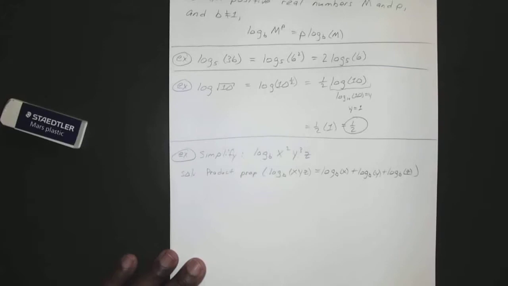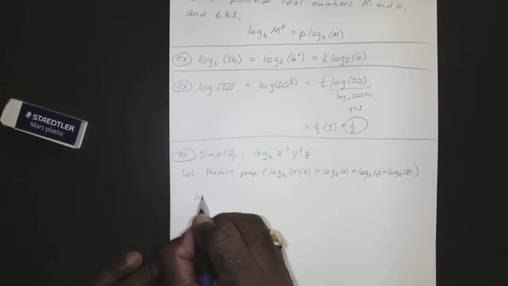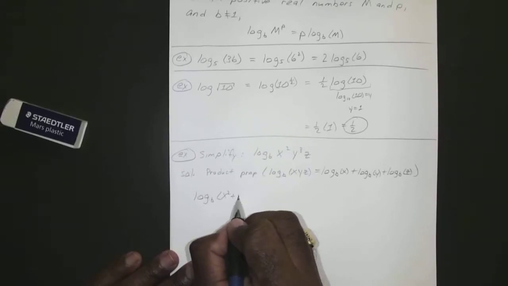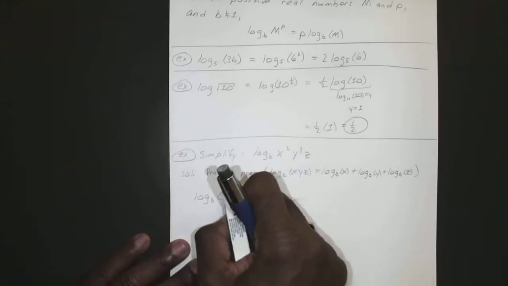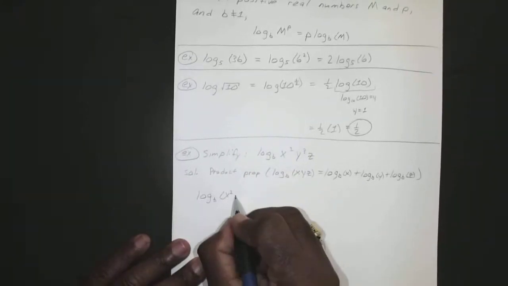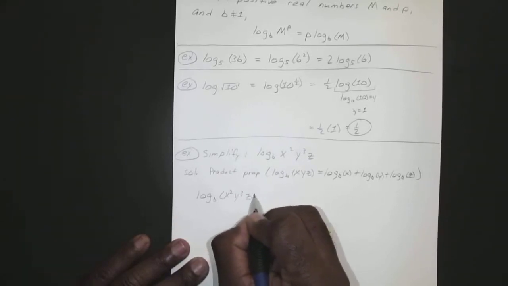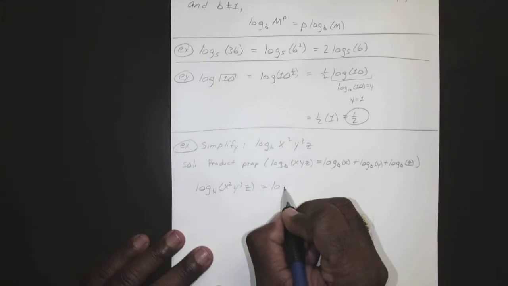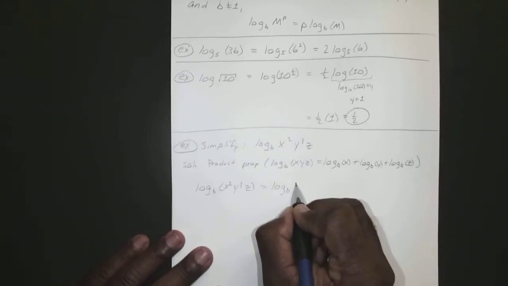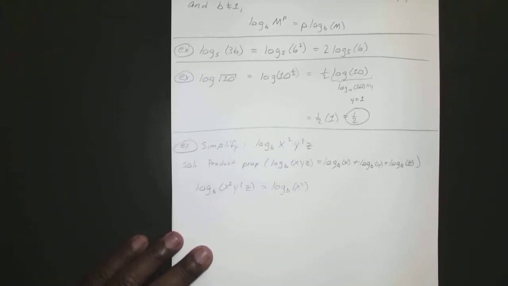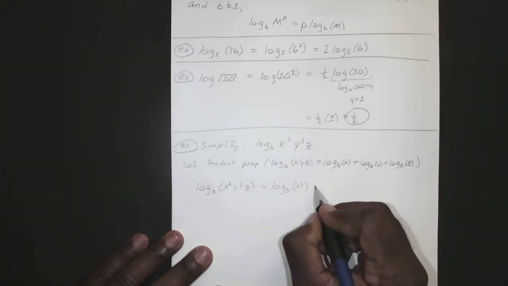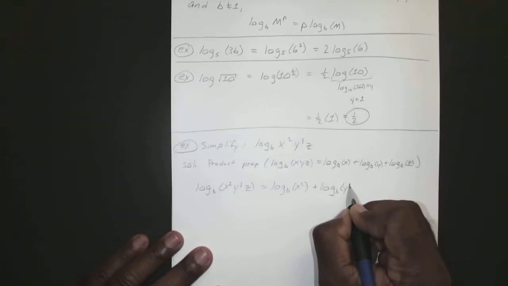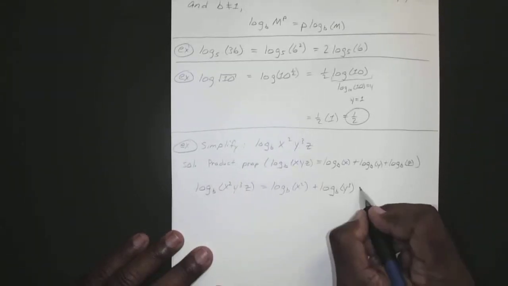Okay, so for this problem, log base b of x squared, why do I keep putting the plus there? Jumping ahead. Y to the third z is going to equal log base b of x squared plus log base b of y to the third plus log base b of z.